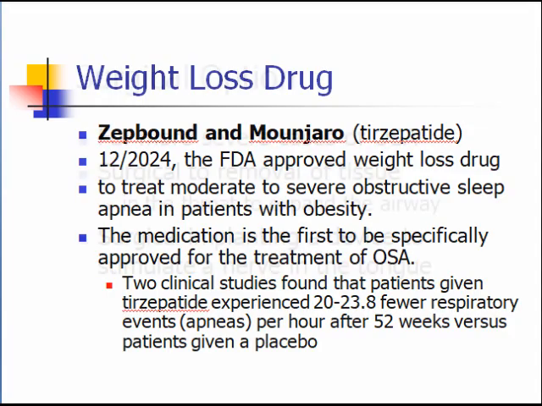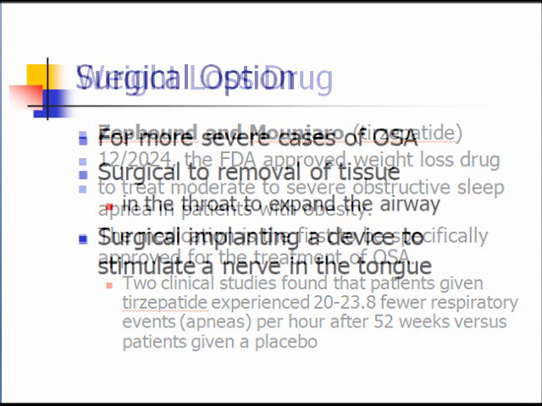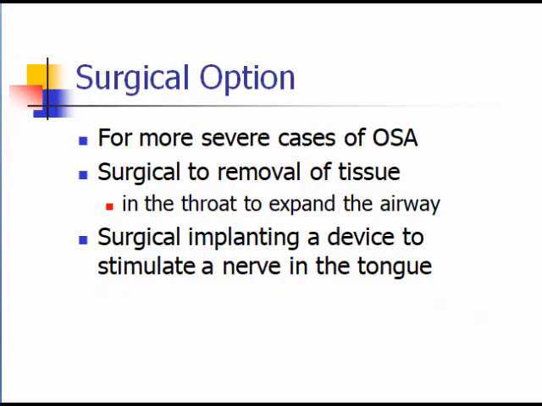Now, another option, and this option is for the very severe cases of OSA, and that's surgical removal of tissue in the throat. Cutting away this tissue means that the passage is larger and less likely to be closed by extra tissue or the tongue falling back.